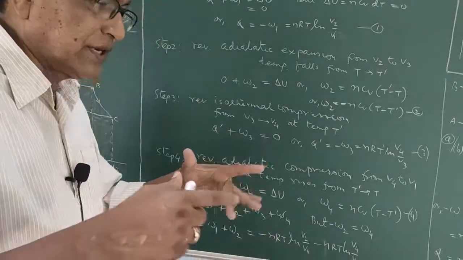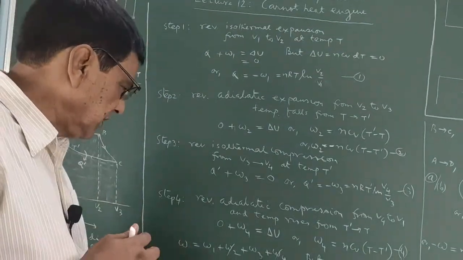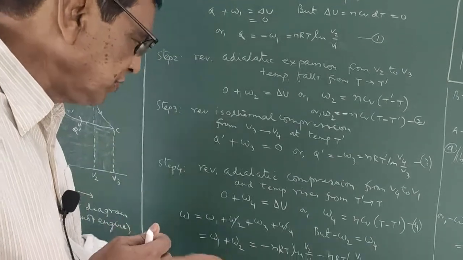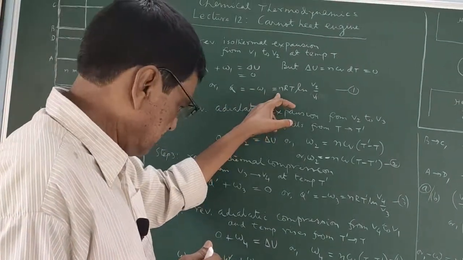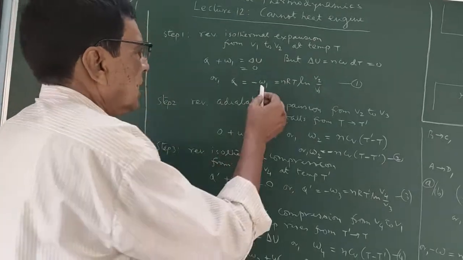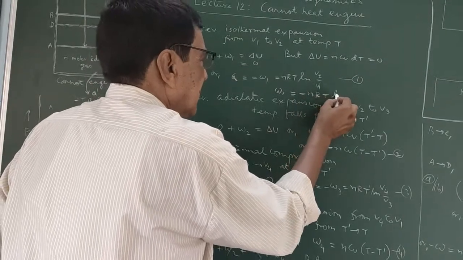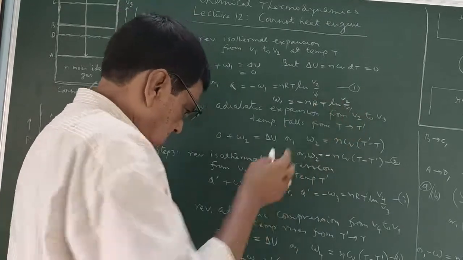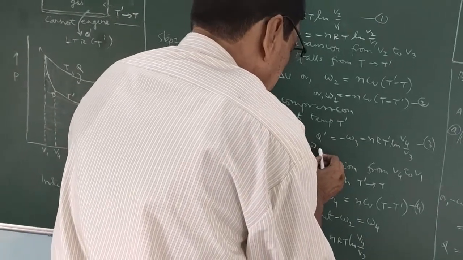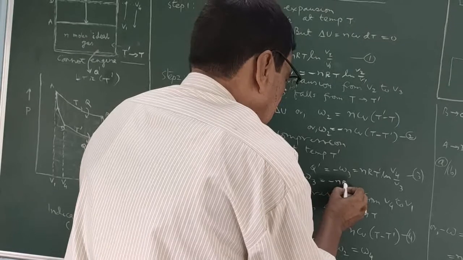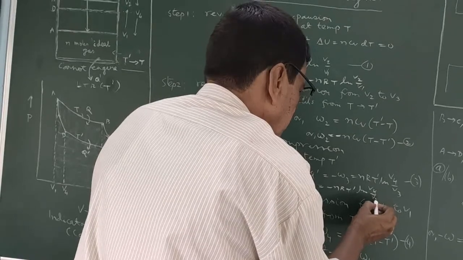So the net work, or the total work done by the engine, W equals W1 plus W2, and putting here W1 equals minus nRT ln V2 by V1, and in this case also W3 equals minus nRT dash ln V4 by V3.